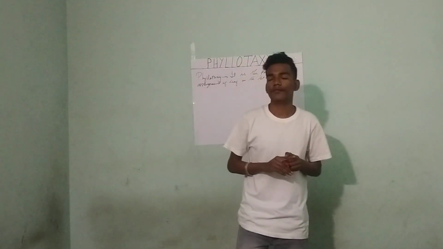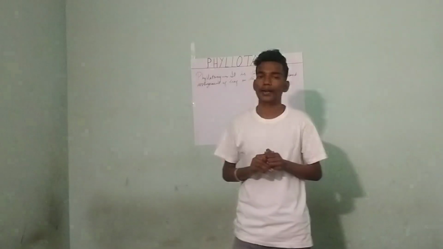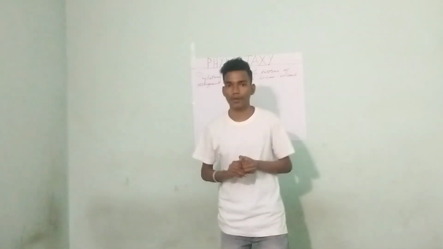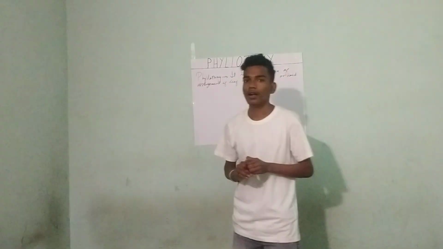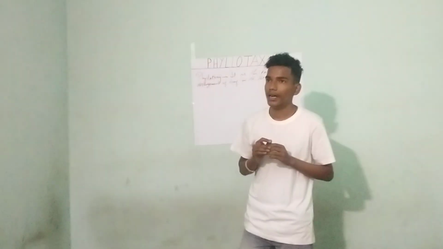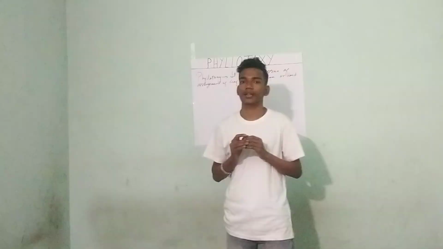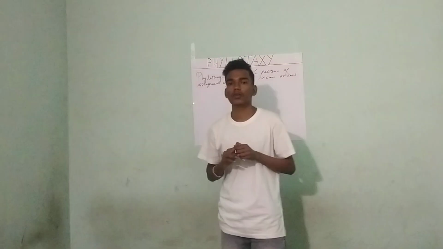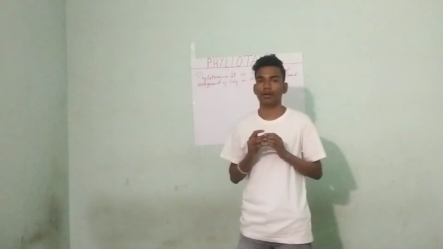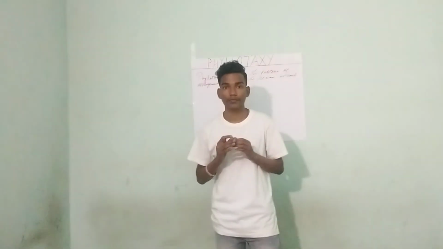So, by the term phyllotaxy, we mean the pattern of arrangement of leaves on the stem or branch. Okay. So, why are the leaves arranged in this manner? The leaves are arranged in this manner so that they get maximum amount of sunlight to carry out photosynthesis.